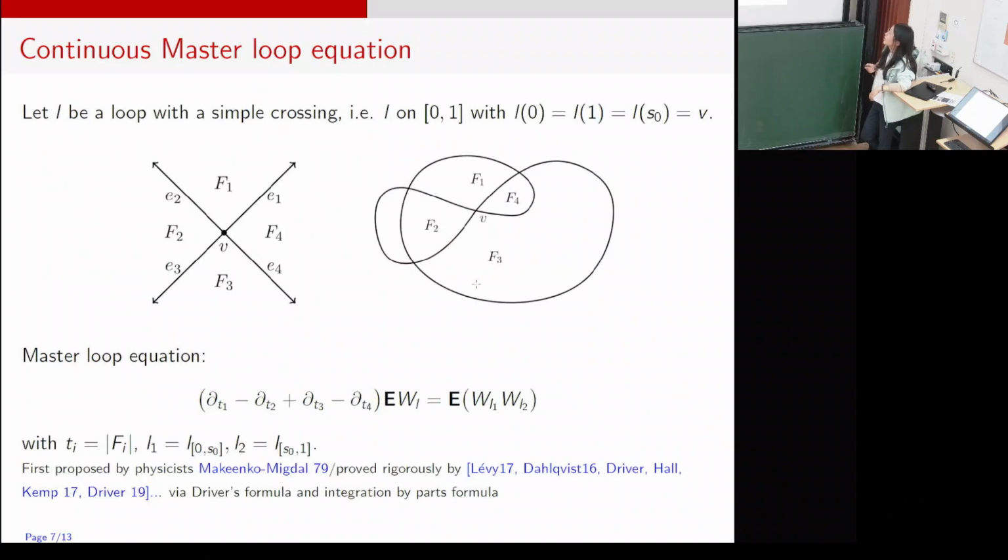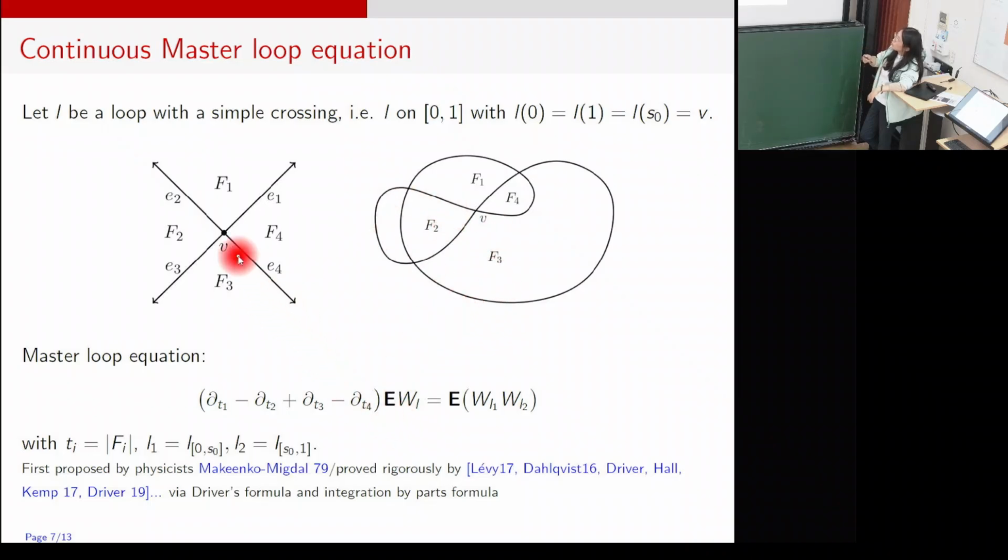And we also have the continuum master loop equation. Here we consider L a simple loop, for example drawn in this way. But in fact the loop can be more complicated, it can go in a very complicated way.